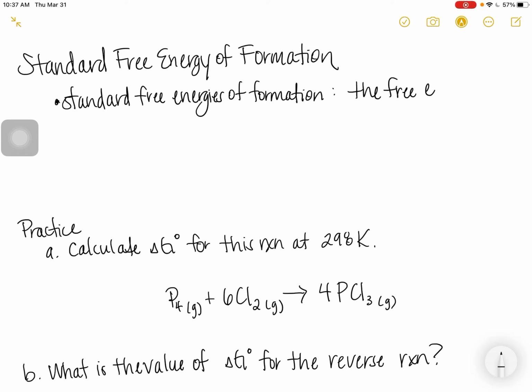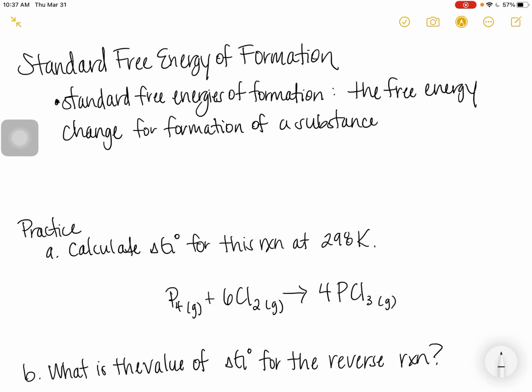the free energy change for the formation of a substance from its elements in their standard states.